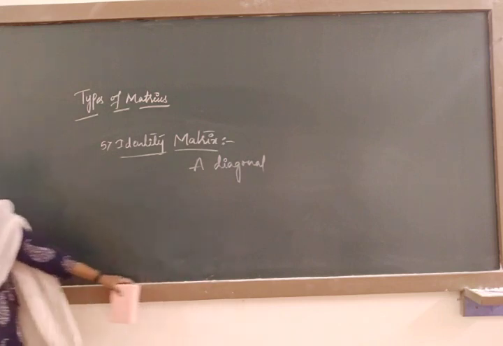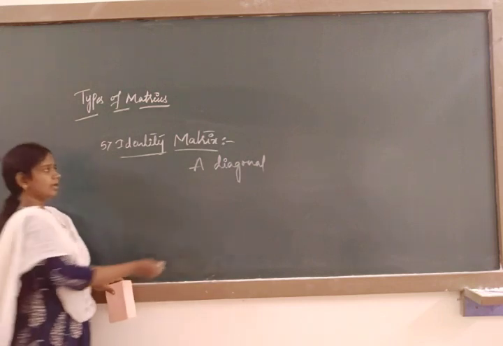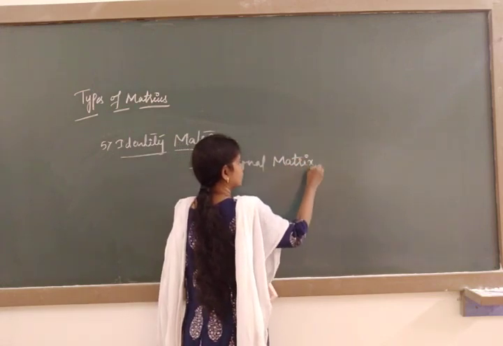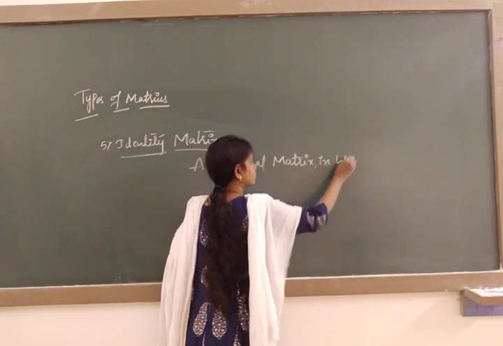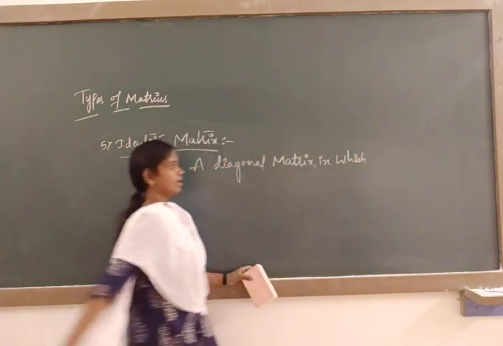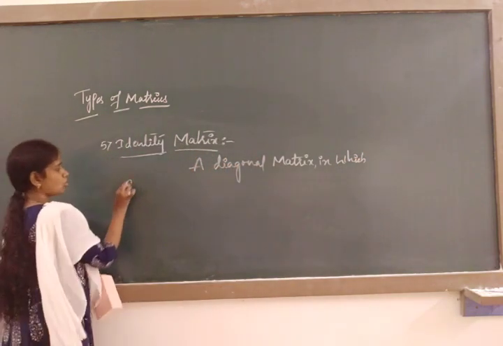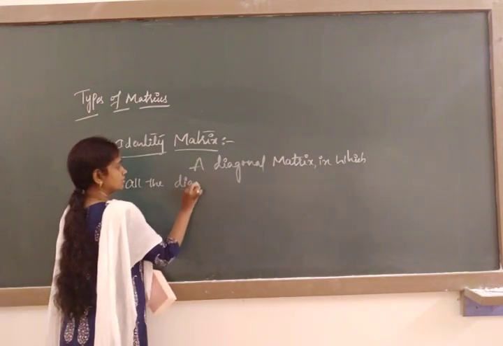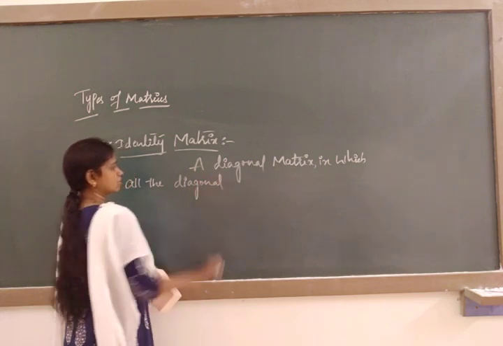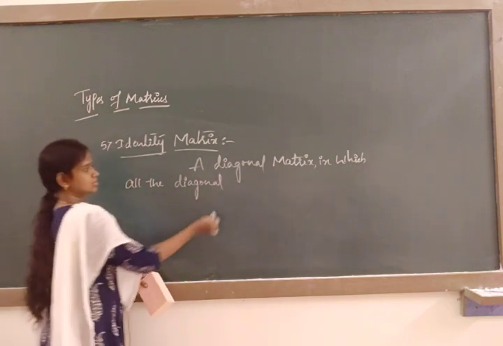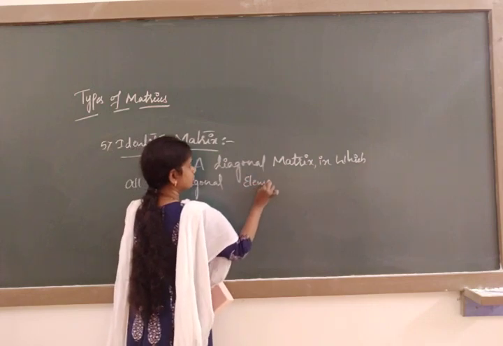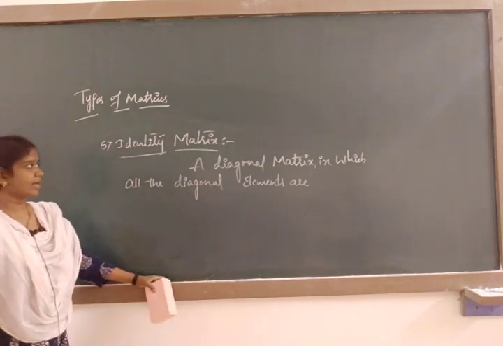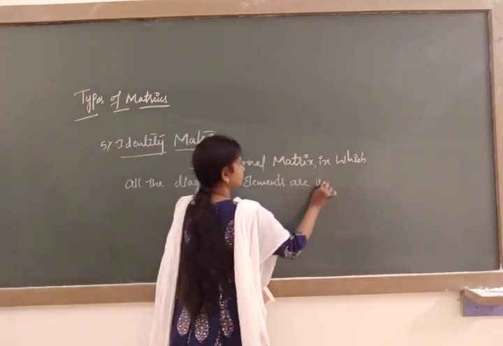A diagonal matrix in which all the diagonal elements are, as I said, unity or 1.